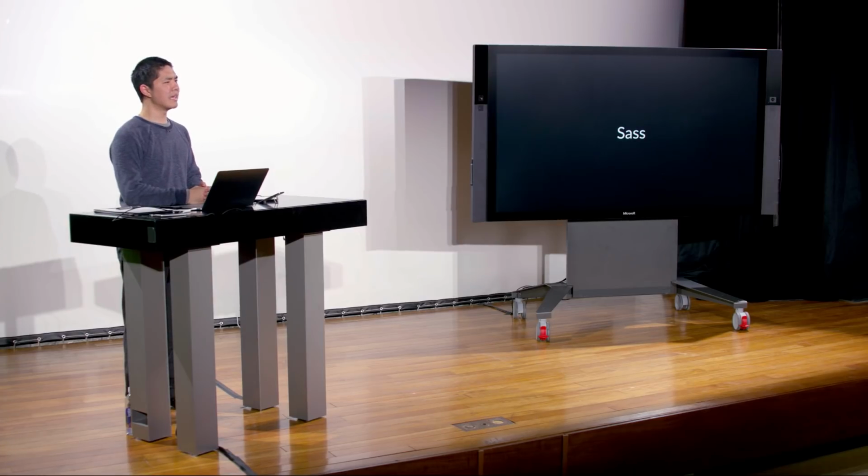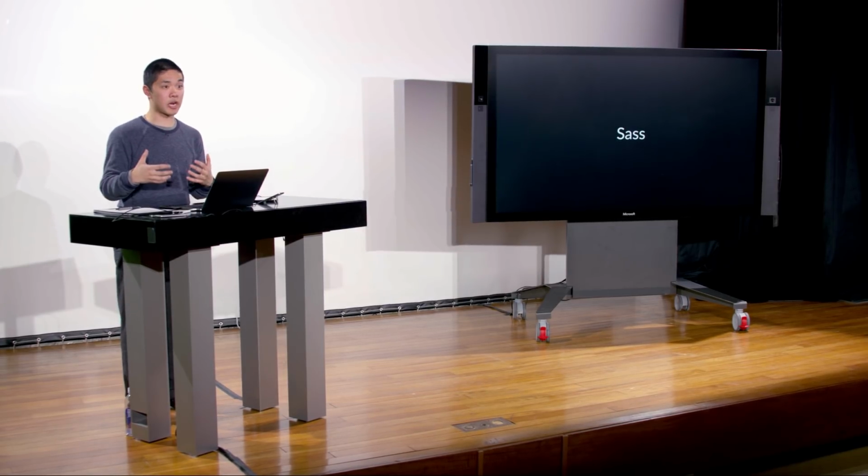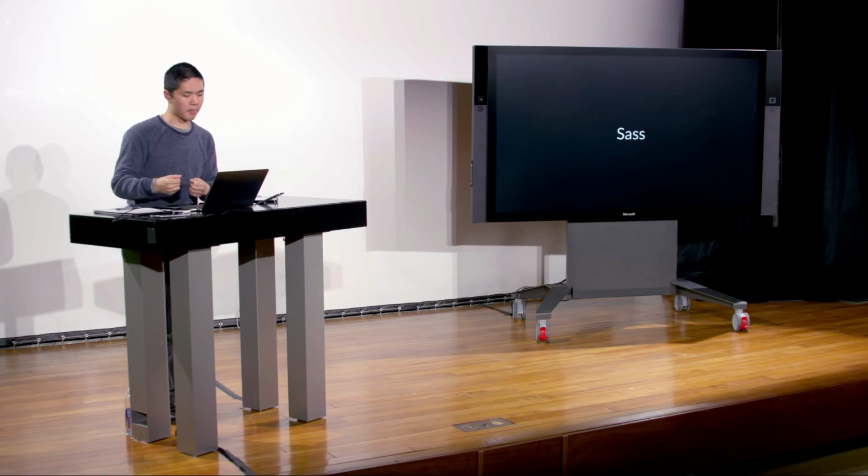And so what we're going to do now is introduce an entirely new language, which is built on top of CSS, called Sass. Sass is an extension to CSS that gives us a little more power and a little more flexibility when it comes to designing CSS style sheets. It lets us programmatically generate style sheets in a more advanced and more powerful way.